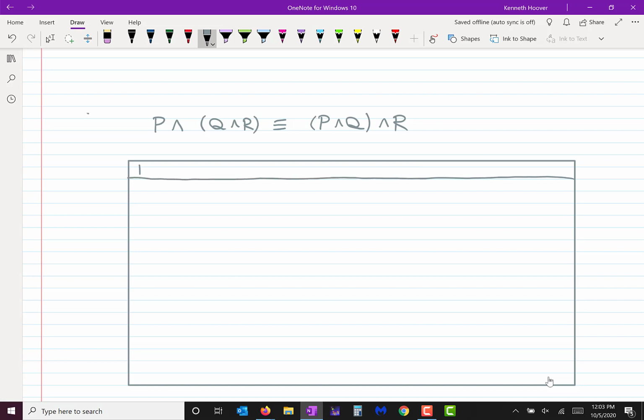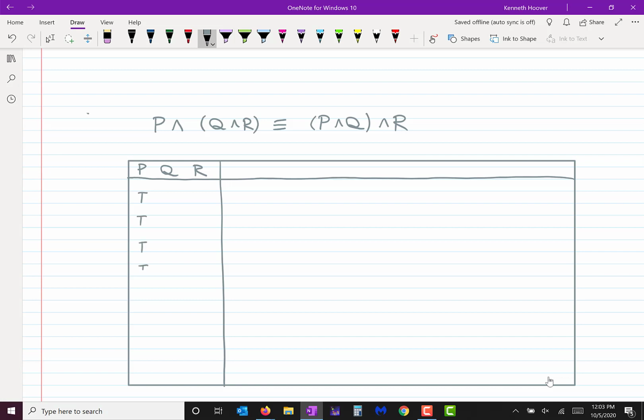Okay, so P, Q, and R, those are our 3 variables. It's going to be 8 possible combinations. True. Well, I'm going to do all the P's first.